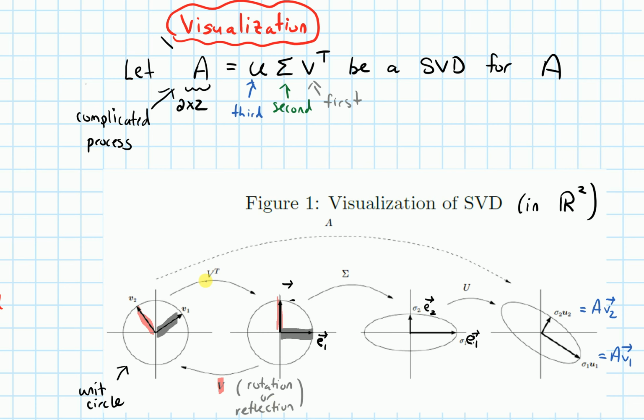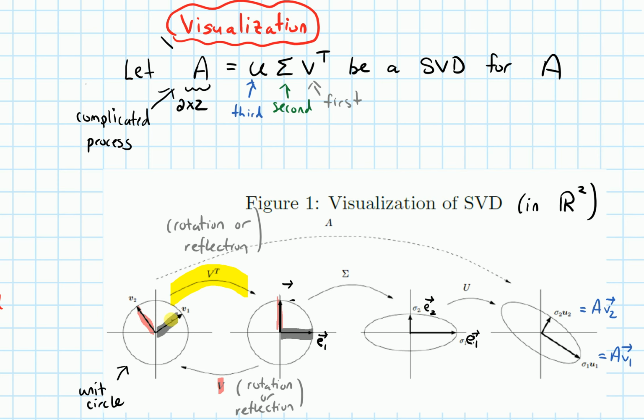The same thing is going to be true about V transpose. We've seen before that an orthogonal matrix is either going to be a rotation or a reflection. So V transpose is doing the inverse of what V is doing.